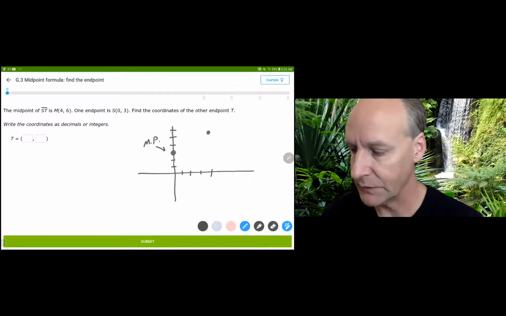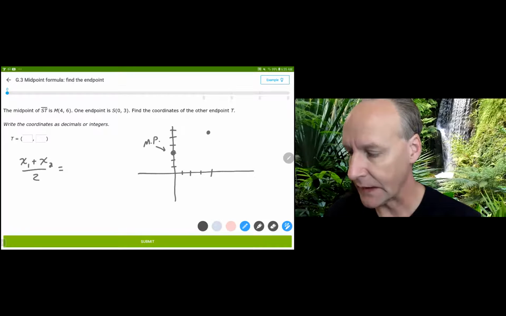Now, the formula for the midpoint is x1 plus x2 divided by 2, and this is the midpoint value for our x. I'm going to call it x of m. This is our x midpoint.